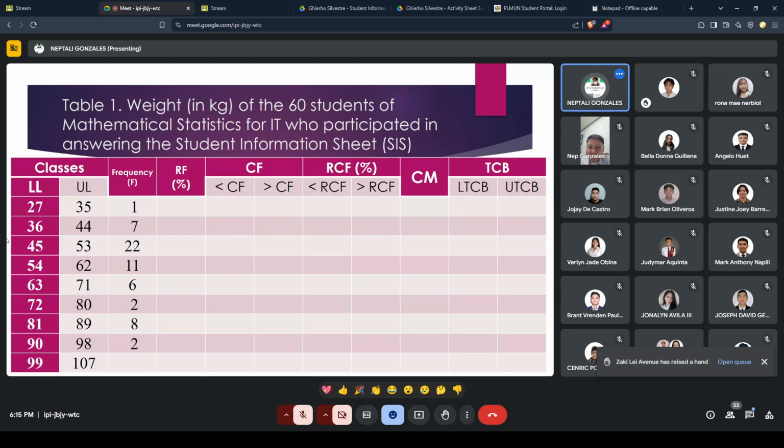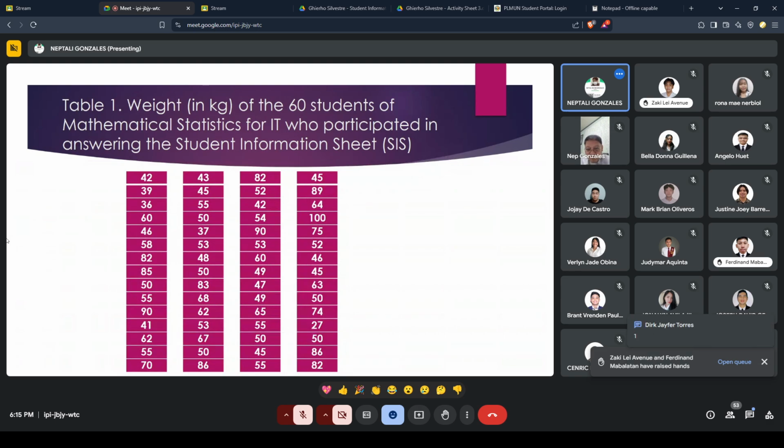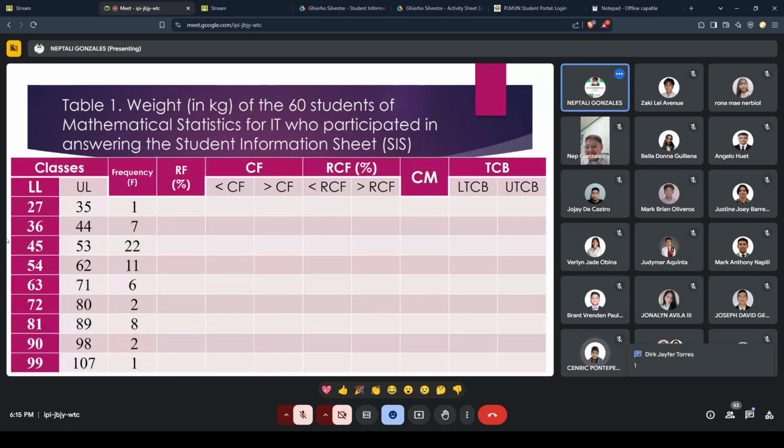And the last, 99 to 107. Ferdinand, it's easy because you can just subtract it from 60. There is only 1. And that is the 100. So there is only 1.